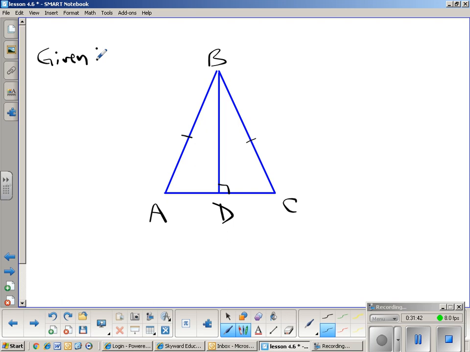If the hypotenuse and leg of one triangle are congruent to a hypotenuse and leg of a second triangle, then the triangles are congruent. Okay? That's what it's going to say. And so given segment BD perpendicular segment AC and segment AB congruent to segment CB.